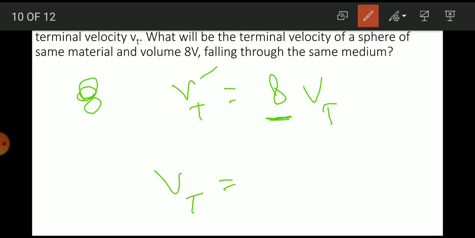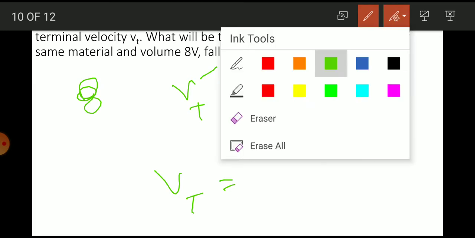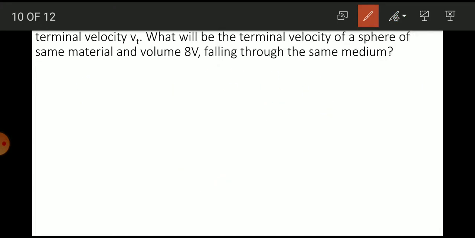So first we should calculate the volume. The new volume is 8 times that of the previous volume.